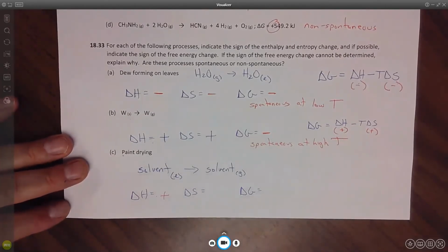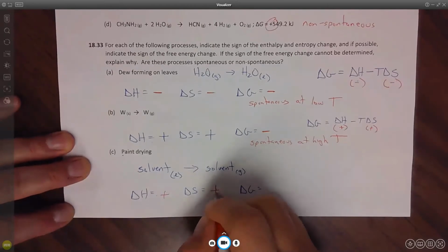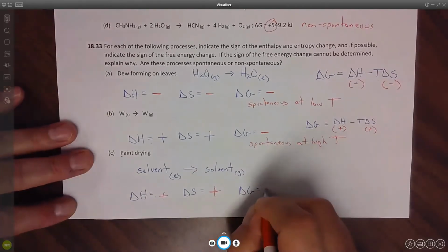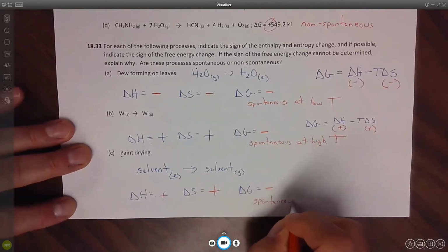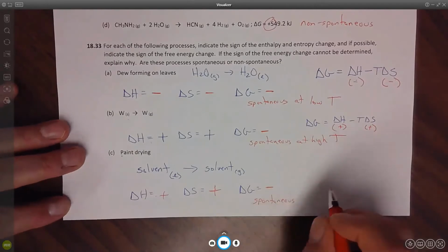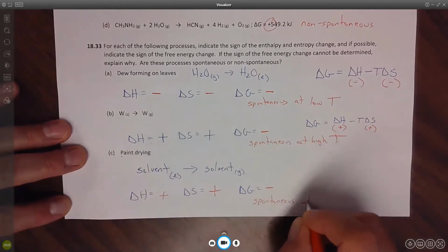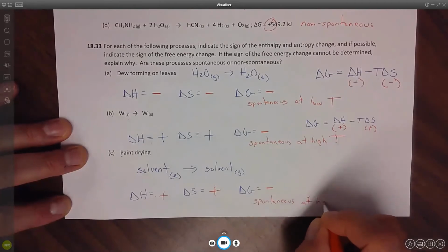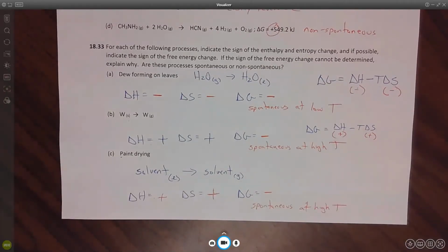Gaining disorder, positive. And under what conditions will this reaction be spontaneous? At high temperature. It's the exact same idea as before, so at high T. Okay, any questions about that?